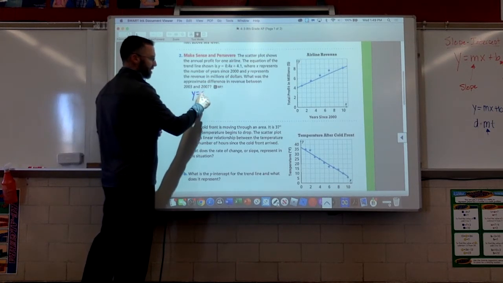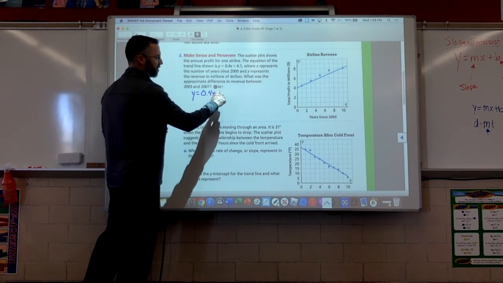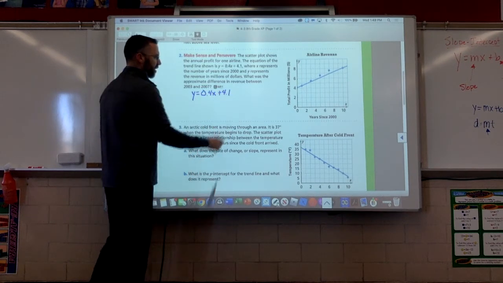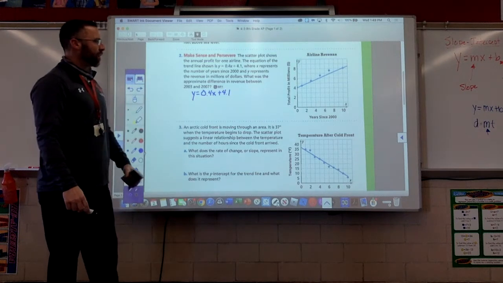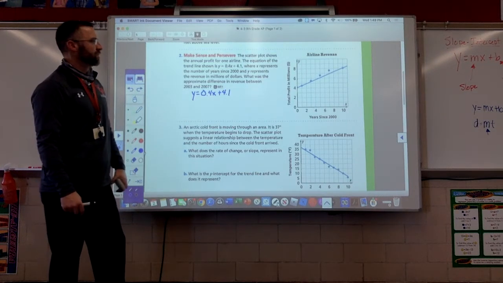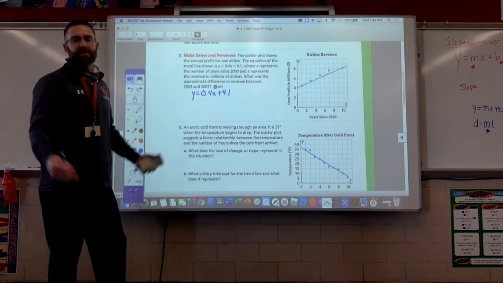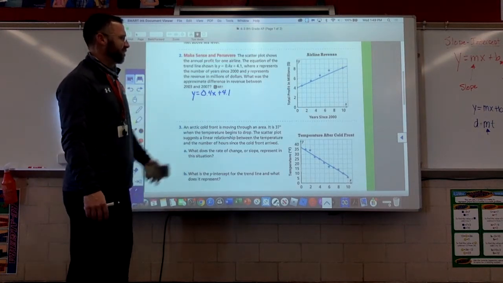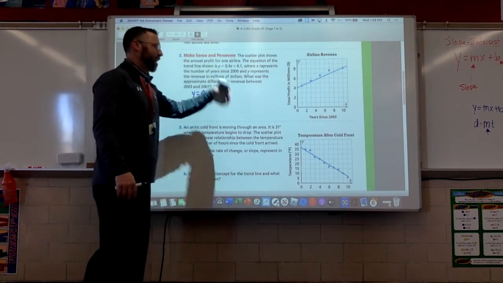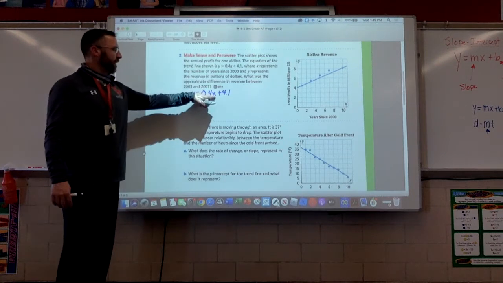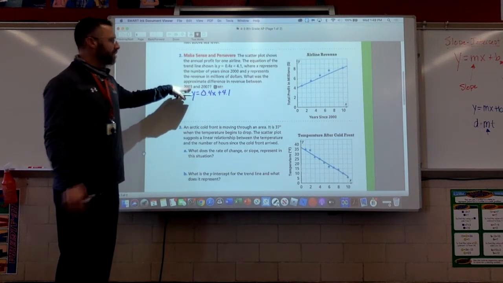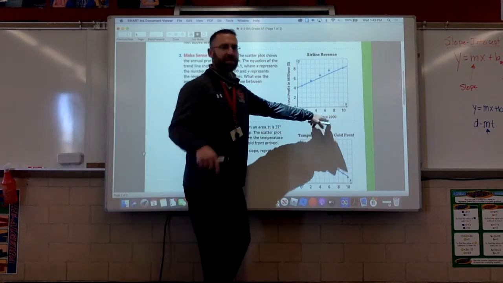Let's use this equation that they gave us. Let's figure out what our profit was, or revenue, we should say, whatever you want to call it. For 2003, well, 2003 is how many years since 2000?